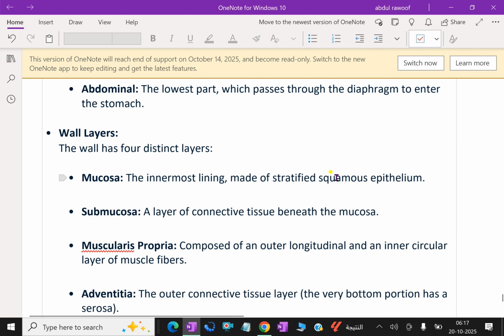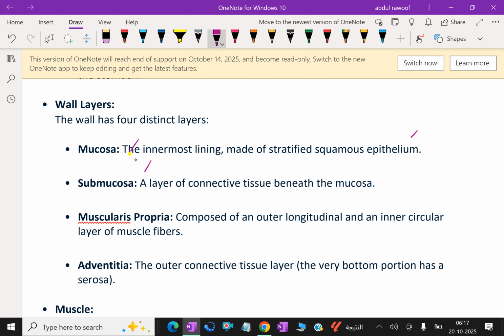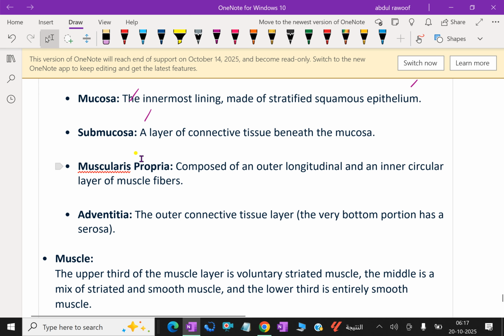Wall layers. The wall has four distinct layers: mucosa, the innermost lining made of stratified squamous epithelium. Next, submucosa, a layer of connective tissue beneath the mucosa.